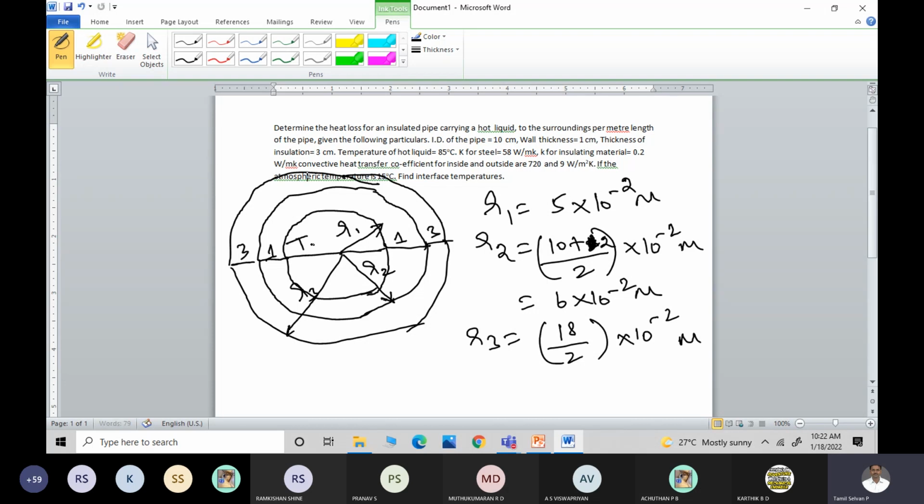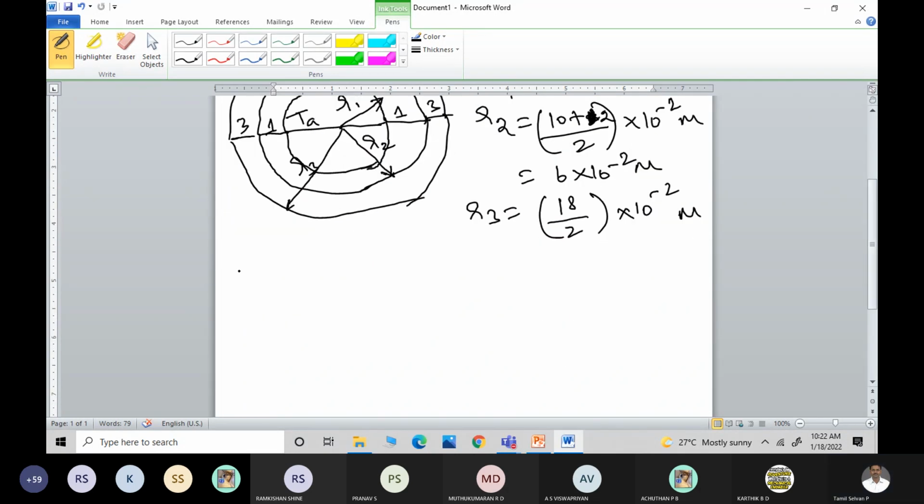Now, let TA be the inner temperature and TB be the outer fluid temperature. TA is given as hot liquid 85 degrees C and outer ambient temperature is 15 degrees C. So TA is 85 degrees C and TB is 15 degrees C. Now, when we talk about the resistances, we have convective resistance inside, 2 conductive resistances, and 1 convective resistance outside.